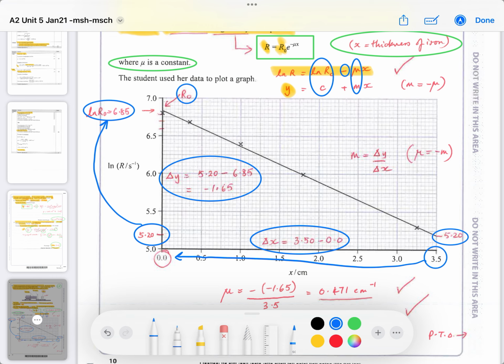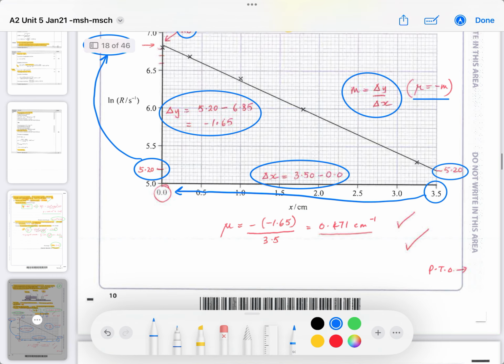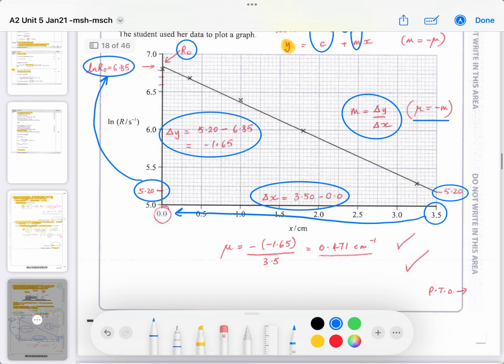So this allows you to work out what mu is, because the gradient is delta y over delta x, and mu is the negative of the gradient. So that's what they want you to do eventually. I've done it on the graph. I think that's always easier if you show all your figures on the graph. So I've just talked you through this without looking at the question.